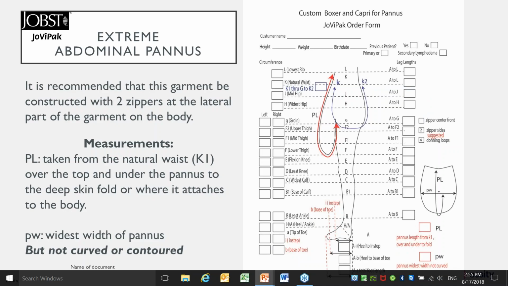Now, we're going to talk about these extreme abdominal panuses, as I promised before. Basically, I want you to understand that when the abdominal panus does not disappear when a patient is supine, then we need the order form for the custom boxer and capri for the panus.